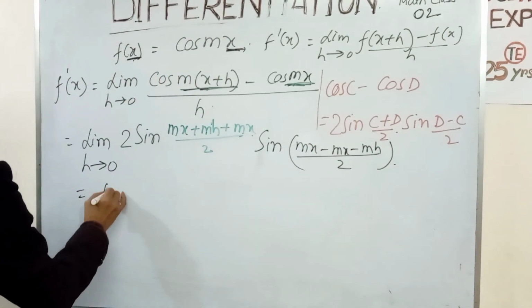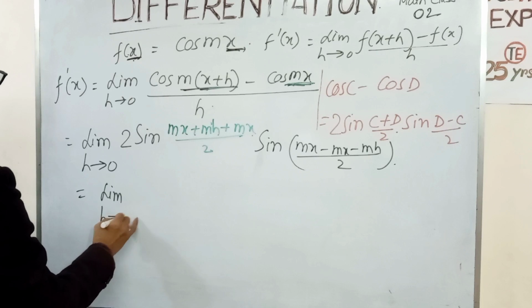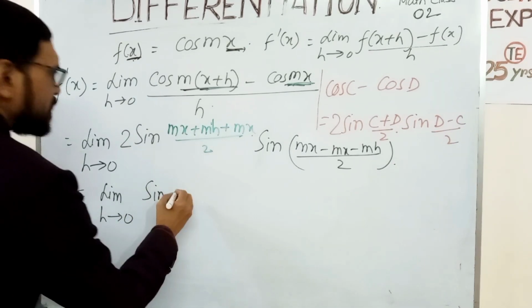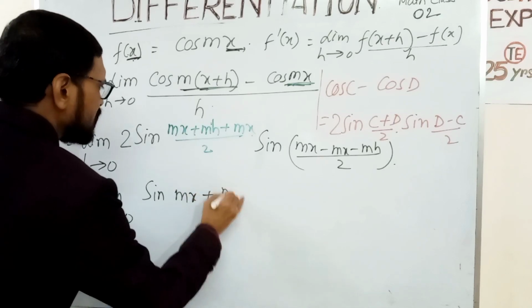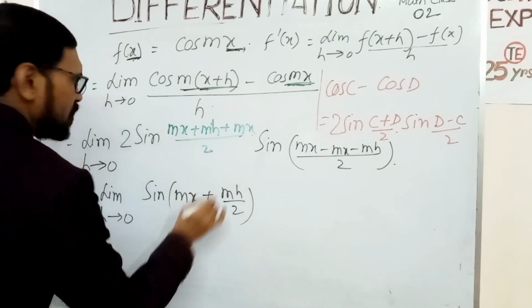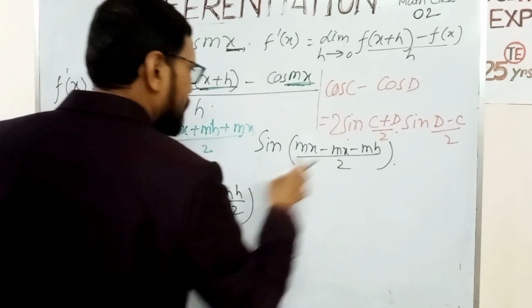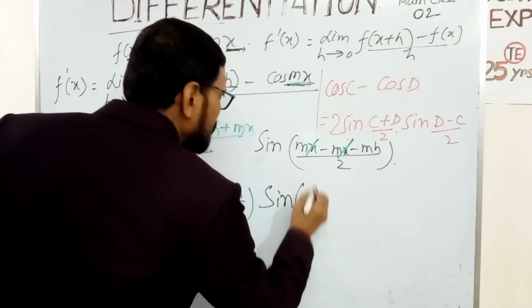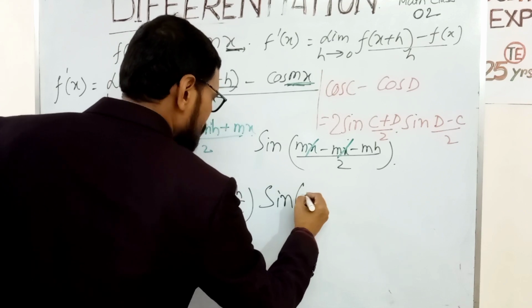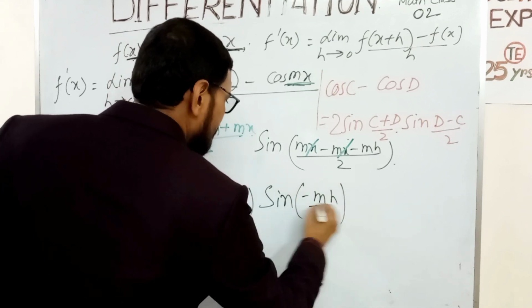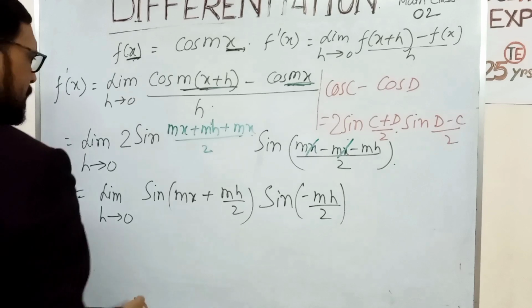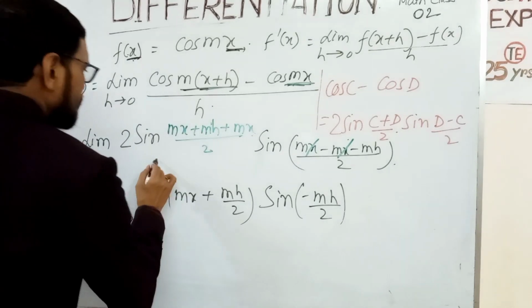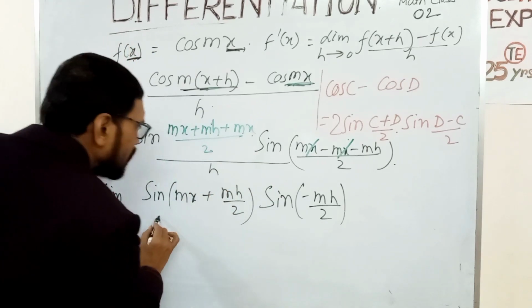So limit h tends to 0 of sin of (mx plus mh by 2) into this cancels. So sin of minus mh by 2 by h, here h is present.